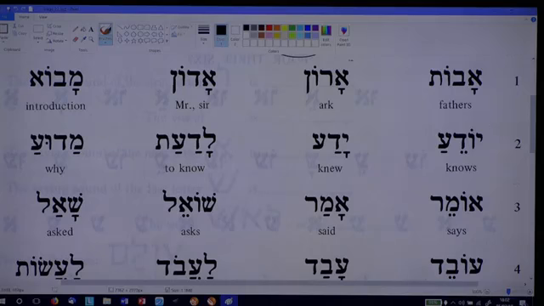Now, let's start with one. There are 2 syllables to this word. And how do I know that? I know it because I see it. How would we pronounce the Aleph with a kamatz underneath it? Ah. Yep, ah.